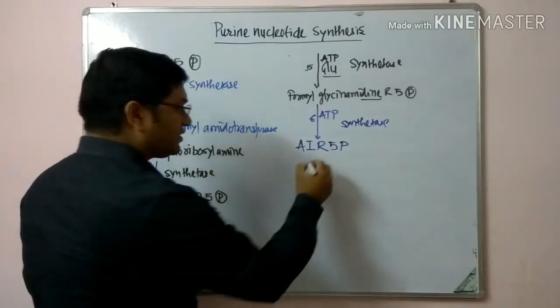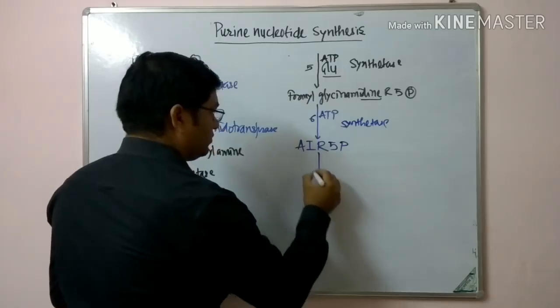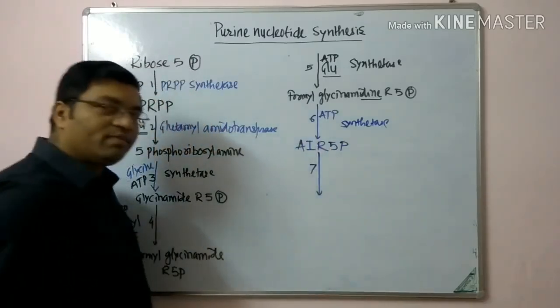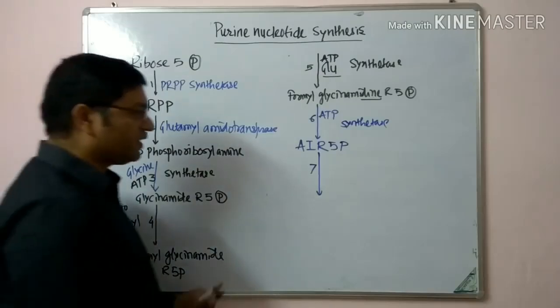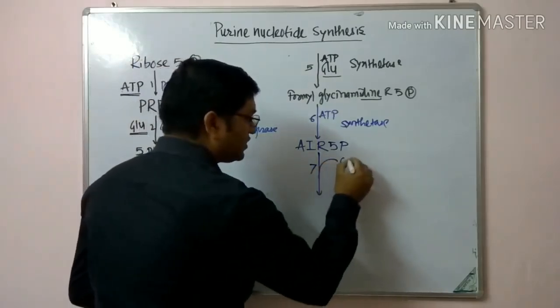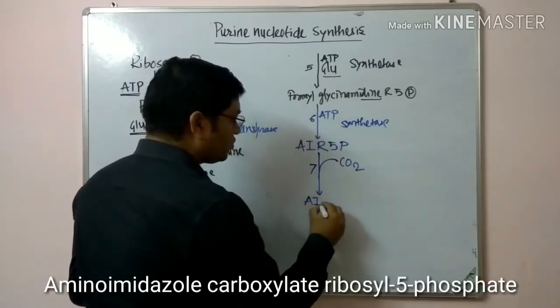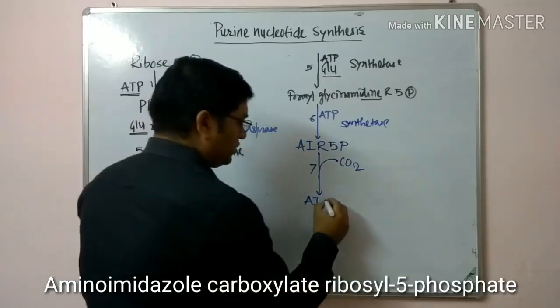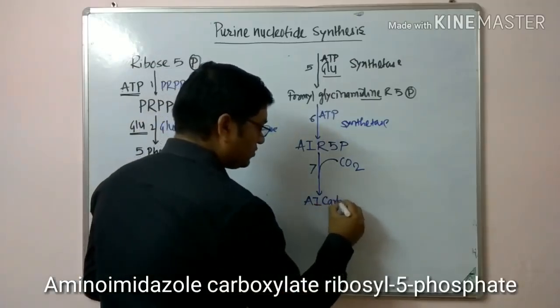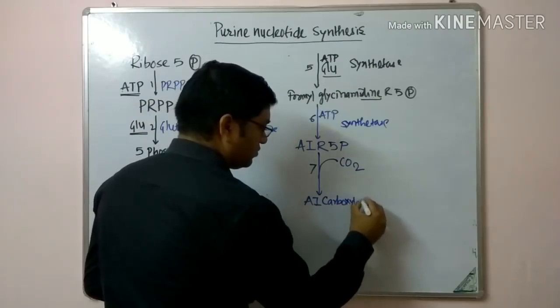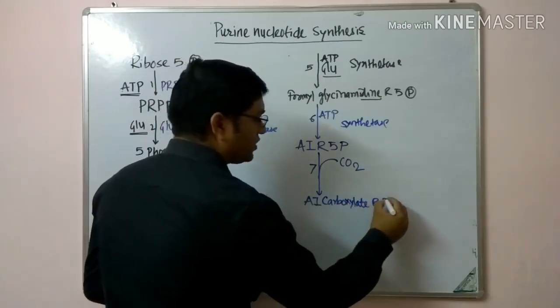Then in the seventh step, this amino imidazole ribosyl 5-phosphate, by the carboxylation reaction, is converted into amino imidazole carboxylate ribosyl 5-phosphate.